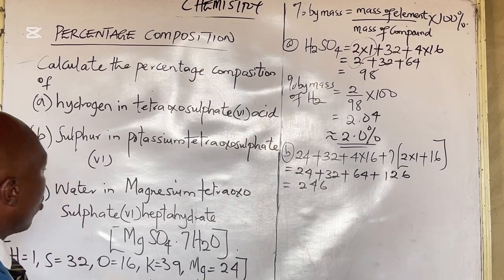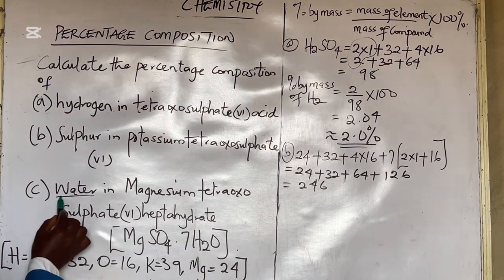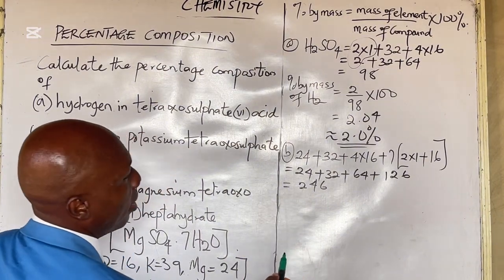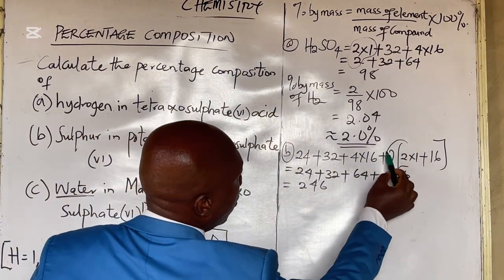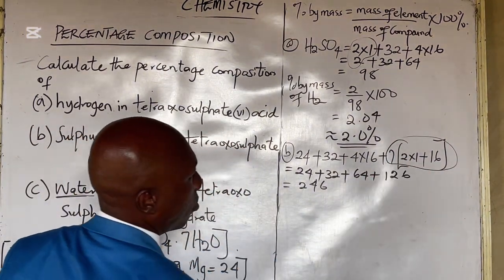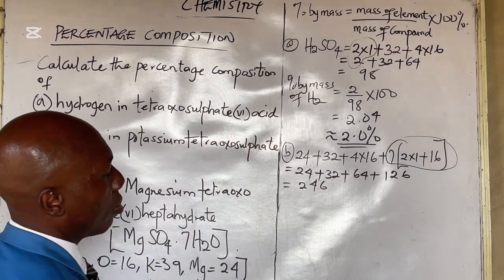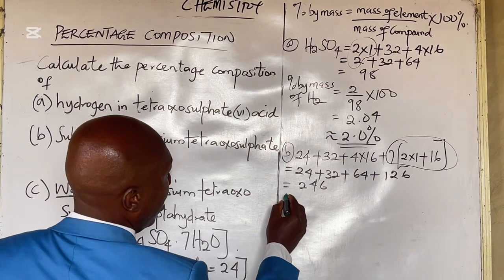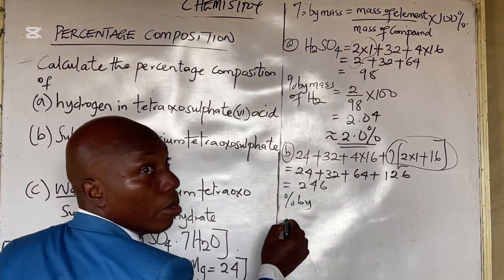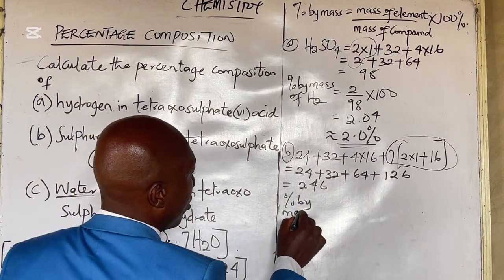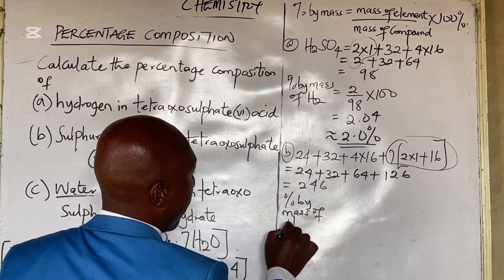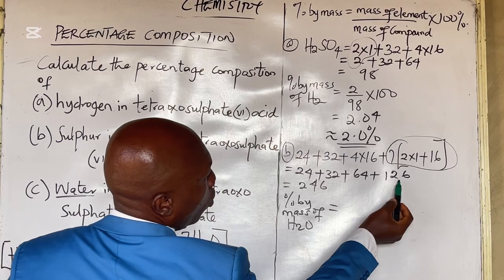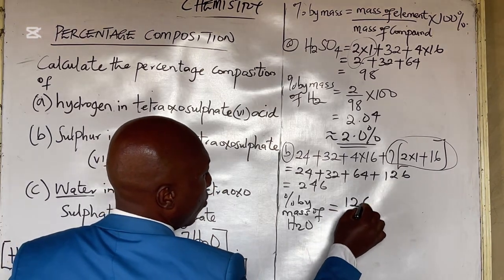So to calculate the percentage of water, the whole of water is all of this. That will give you the percentage by mass of water. All of water is 126.